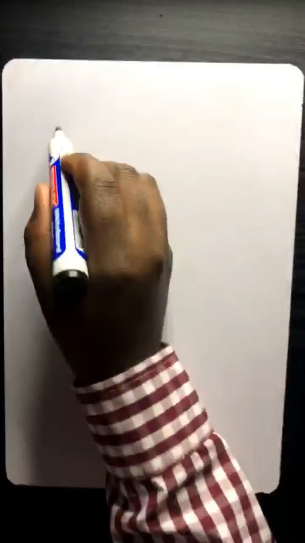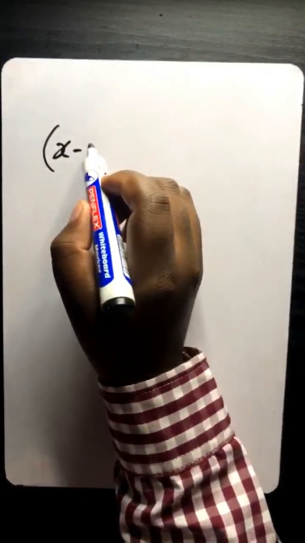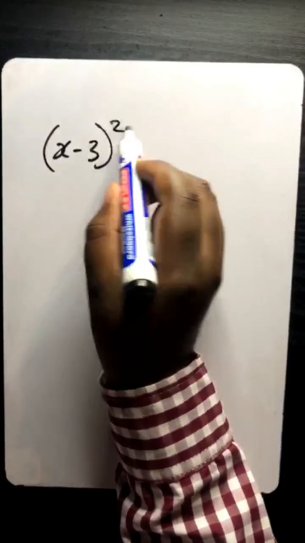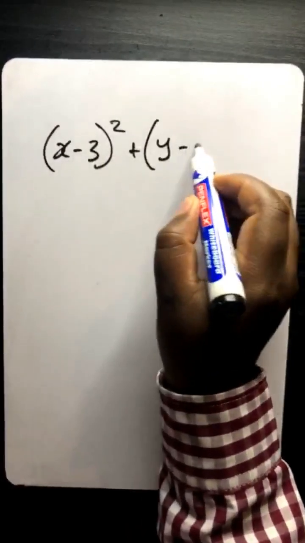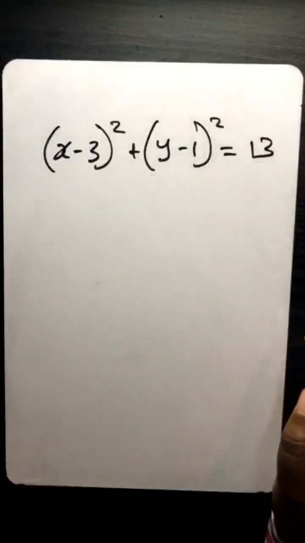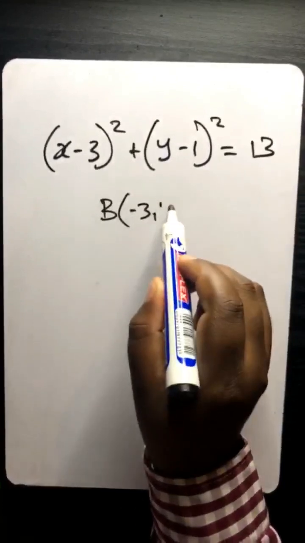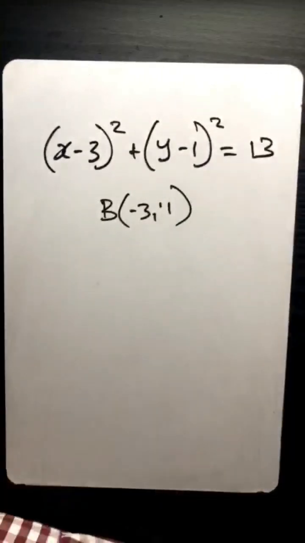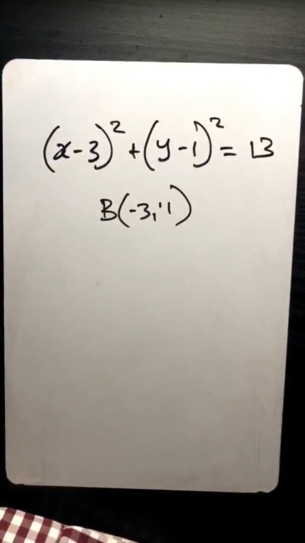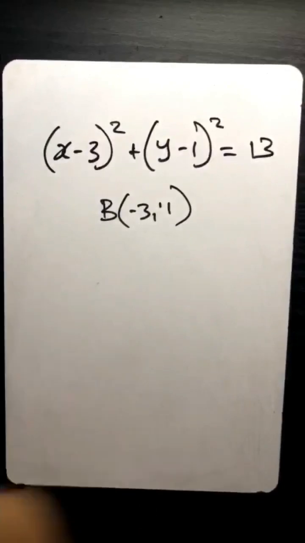A very good suggestion. Remember we have x minus 3, squared, plus y minus 1, squared, equals 13. So you have B having the coordinates of -3 and 1. You tell me, honorable member, why would you substitute? Can you maybe clarify?